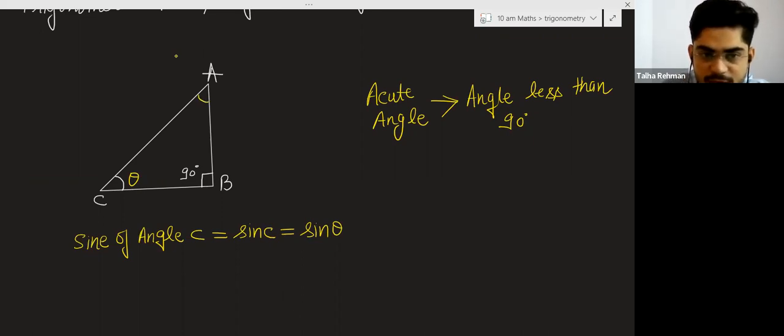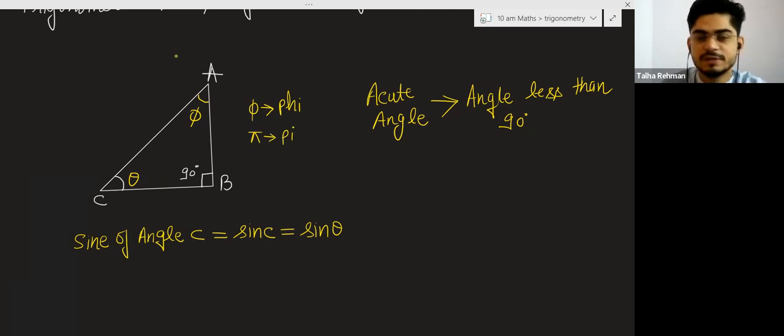Suppose this angle is phi. This is again a Greek letter known as phi. So suppose this angle can also be 30 degree or 60 degree depending upon the situation.